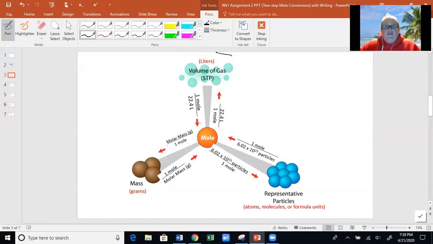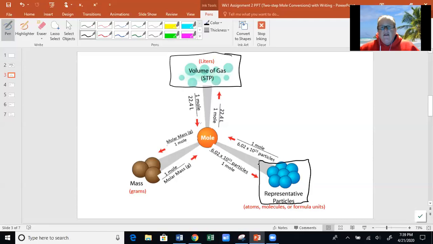So I have this parking lot right here. I'm going to call that my liters parking lot. And I've got this parking lot right here. I'm going to call that my particles parking lot, which for the most part are going to be atoms and molecules for us. And here I have the mass parking lot.